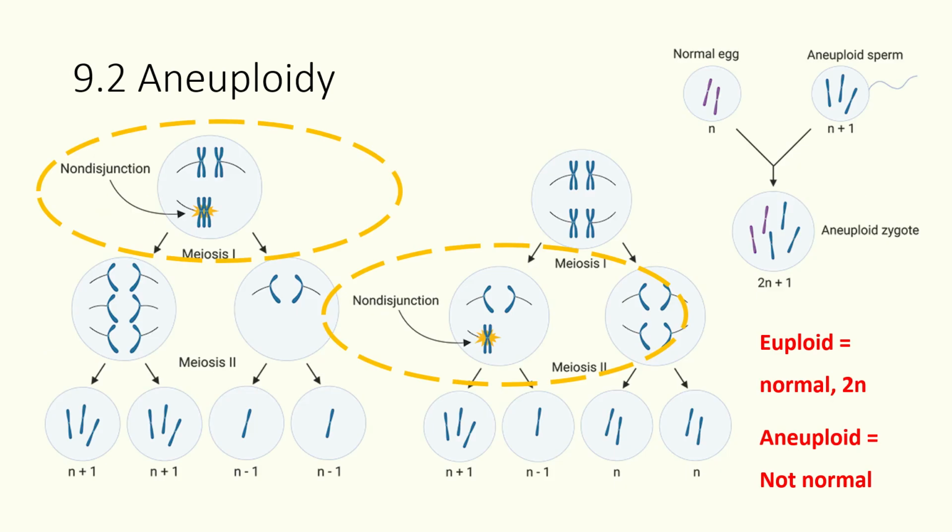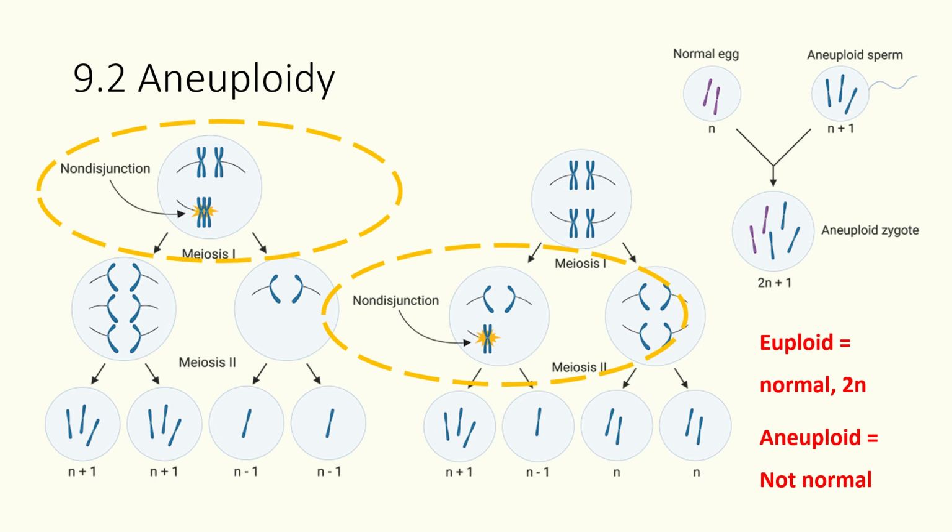You can see it represented here. We can see non-disjunction of our homologous chromosomes in that first diagram occurring during meiosis 1. And then we can also see it occurring during the separation of the sister chromatids, a non-disjunction of sister chromatids in meiosis 2. Now, if you have non-disjunction occurring in meiosis 1, then we will produce 4 aneuploid gametes.